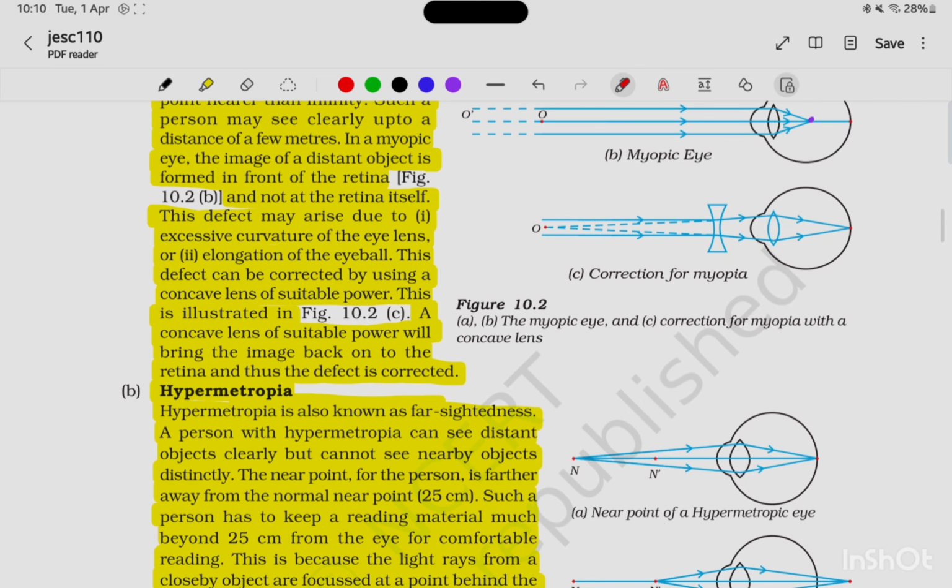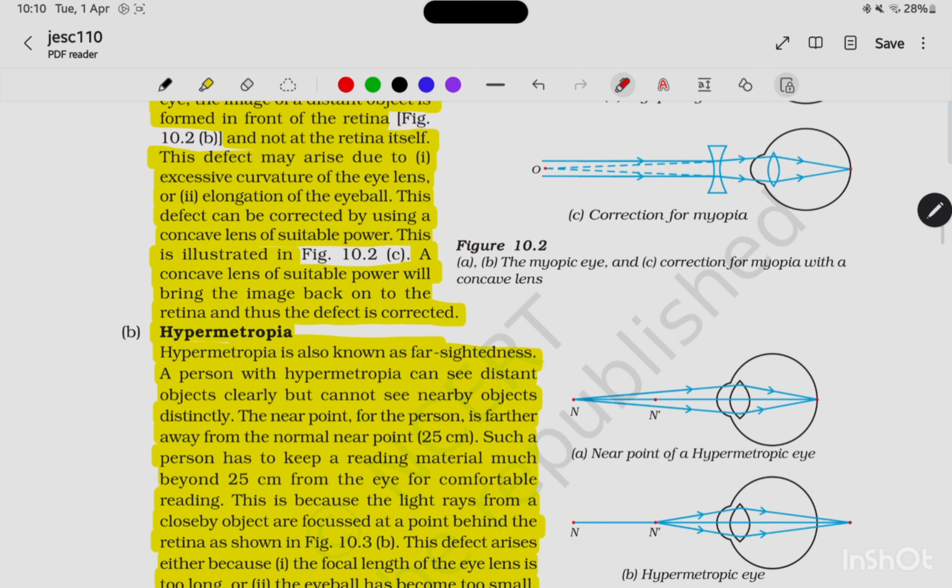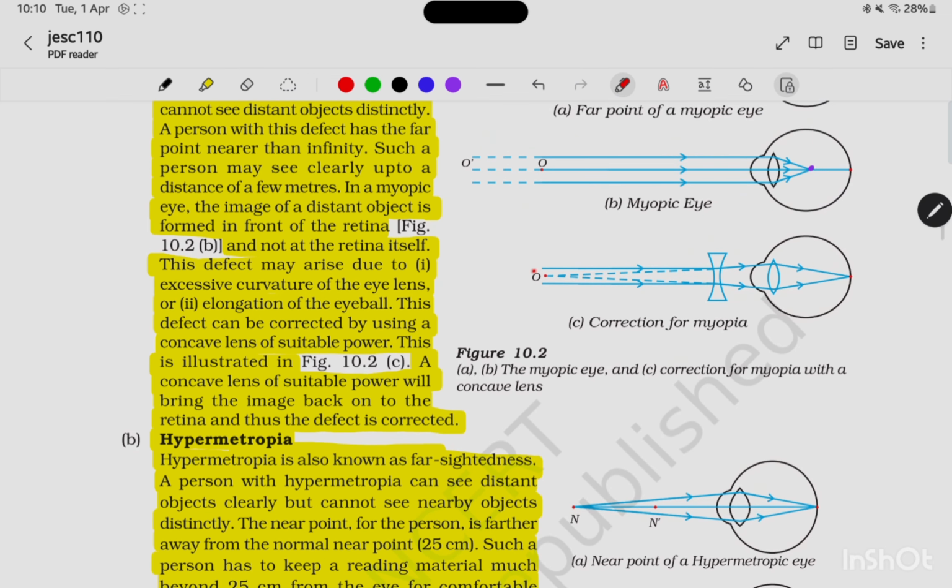If you just retrace these rays that diverge, okay, if you do that, you'll see that the image is formed at the far point of the myopic eye. That is, the person thinks that the object is there rather than at infinity. That's all.